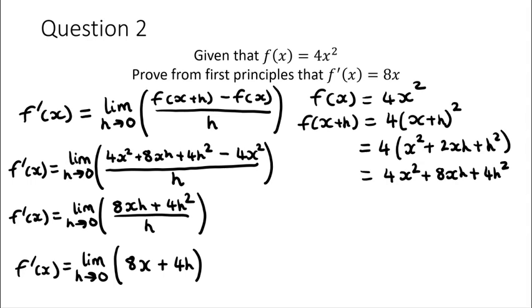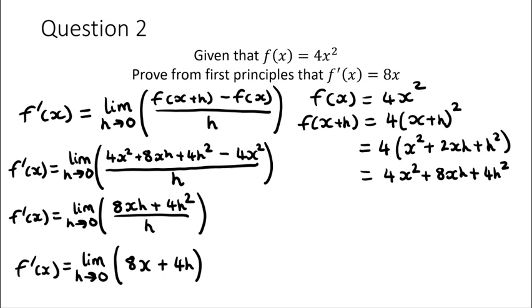Basically, we're just looking at a general point on our curve and a point that is a very tiny distance away from it. And the gradient of the line segment of those 2 points that are really close together is going to match the gradient of the tangent at that point.